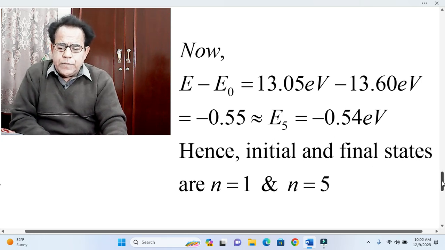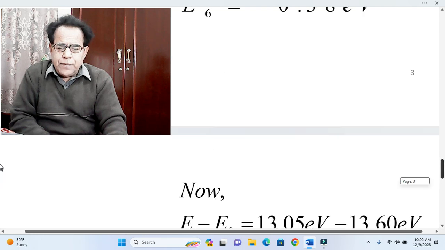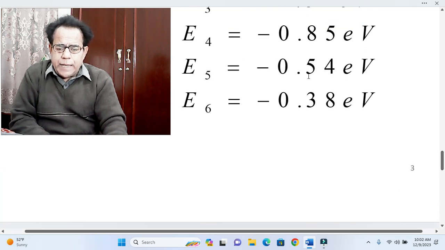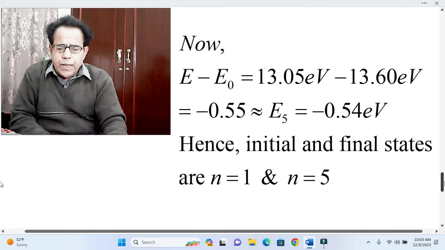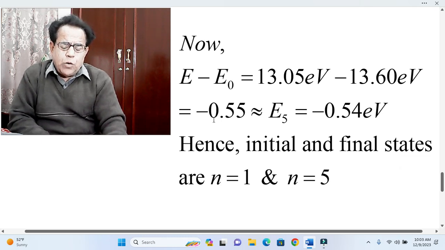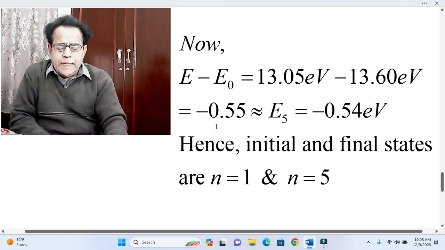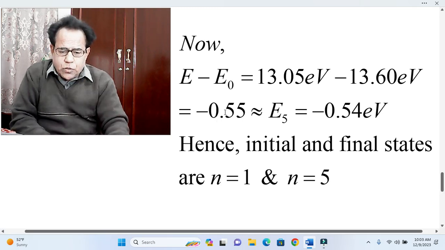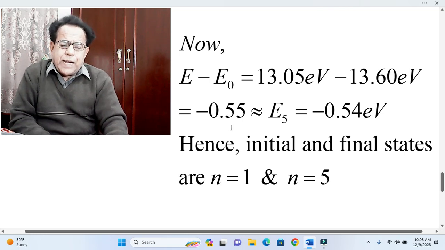Okay, dear students, we see that E5 is equal to minus 0.54, while we have to find that state or level in which the difference is exactly the same or very close to this.